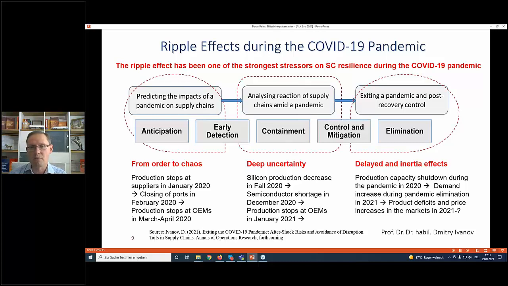So, a classical ripple effect. We have also seen a lot of ripple effects associated with, as we say, deep uncertainty during the pandemic. The prominent example is the current semiconductor shortage, which started in December 2020, and the first ripple effects of this event have been observed already in January 2021.